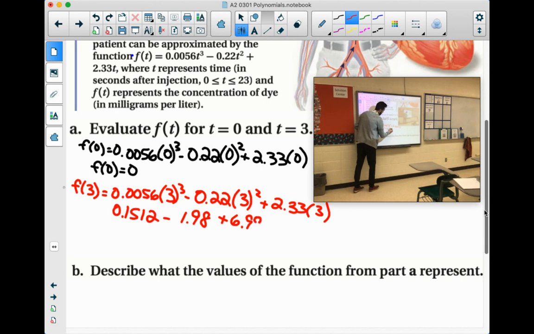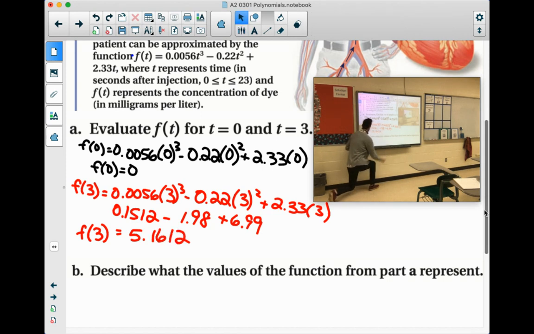So if we go left to right here, let's see. 0.1512 minus 1.98 plus 6.99. F of 3 equals 5.1612.